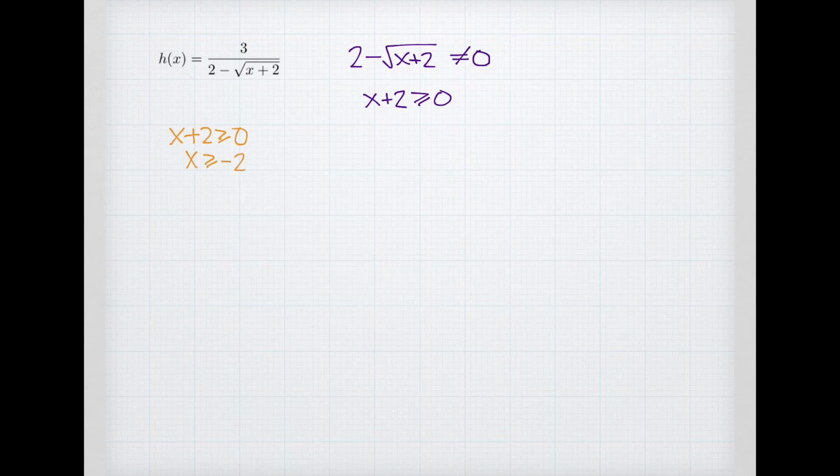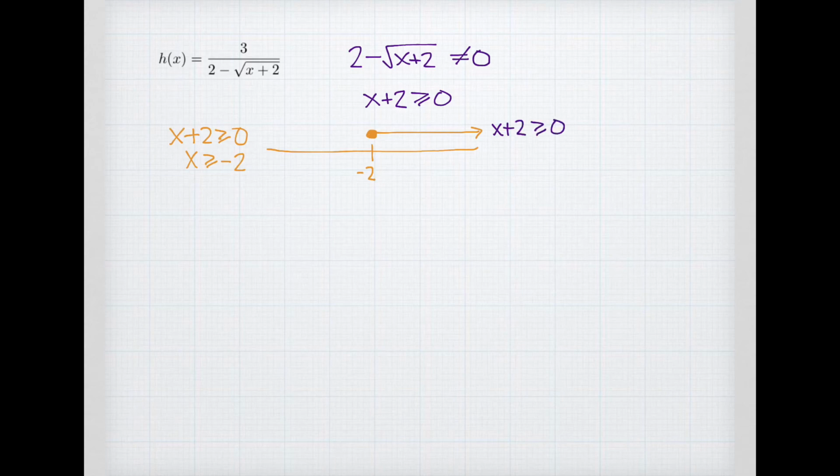And so on a number line, here's negative 2. To meet that requirement, I have to be to the right. So this is the requirement that x plus 2 has to be greater than or equal to 0.